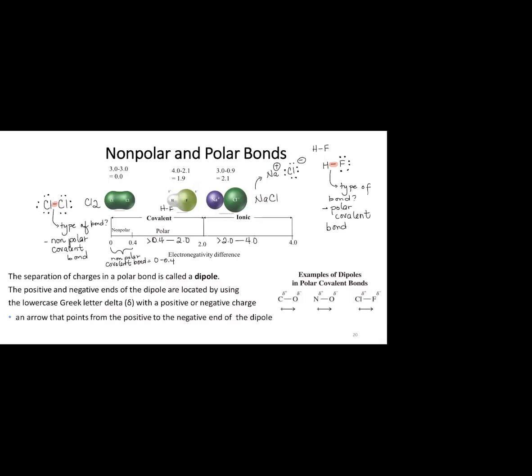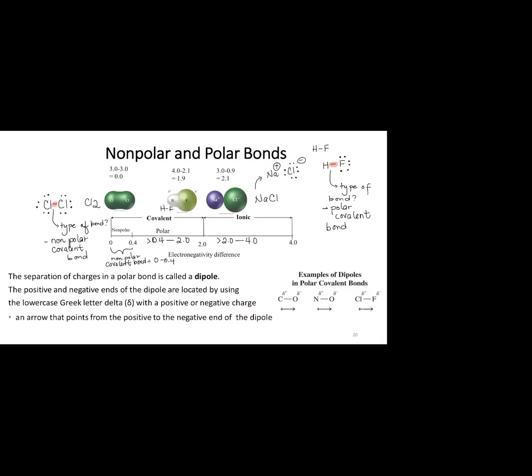Now, polar covalent bonds, because there is a separation of charges, those polar bonds are said to have a dipole. And dipole, just like the name implies, di, two poles, that's the two ends. In a polar covalent bond, we're going to have two ends, one that has a higher electronegativity value versus the other one, okay?